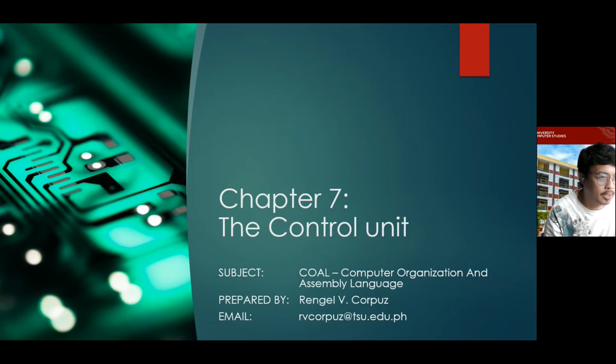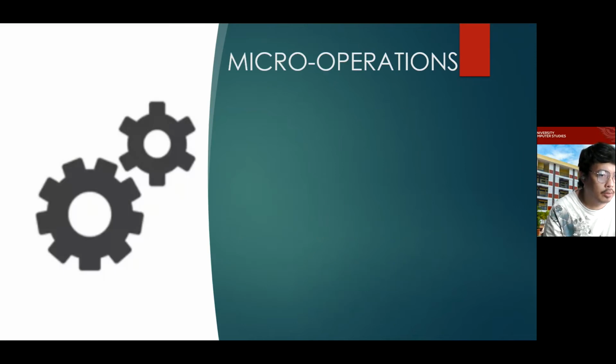Under the control of the processor, we will discuss the functional requirements of a processor, the three-step process, the control signals, and under the hardware implementations, the control unit inputs and the hardware solutions. Let's go with the micro operations.